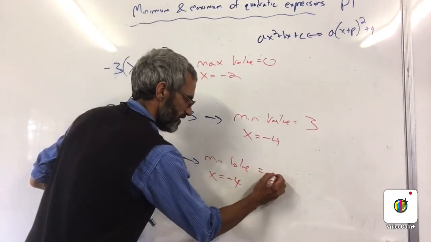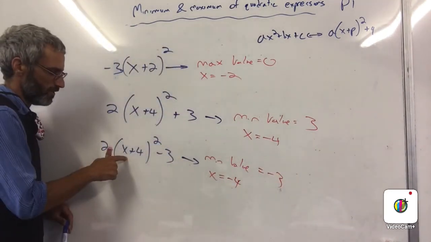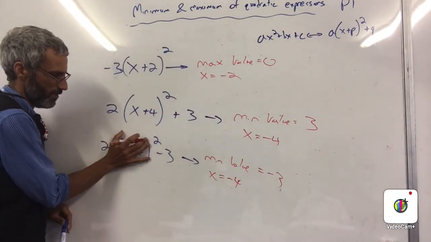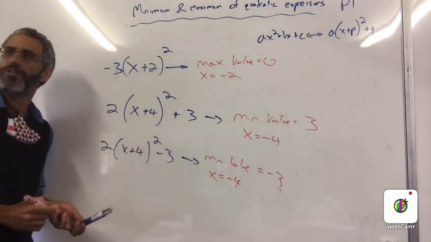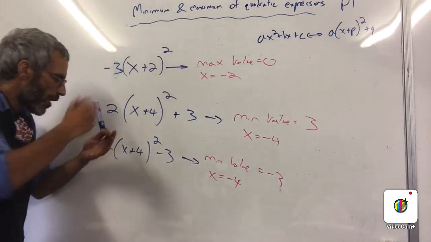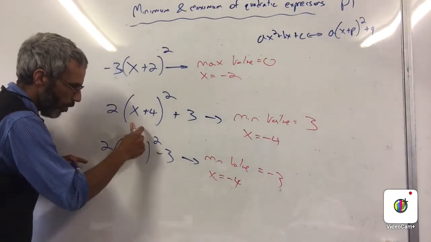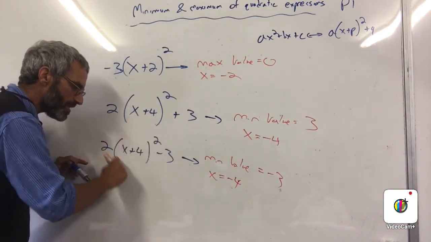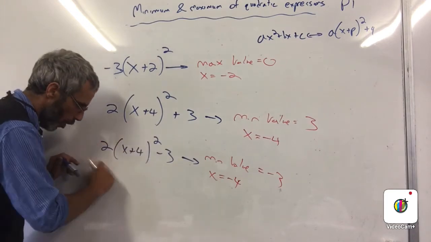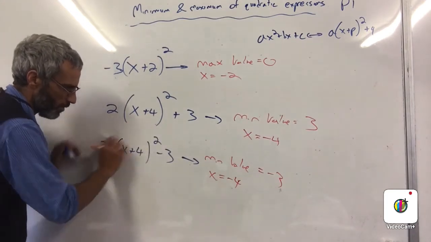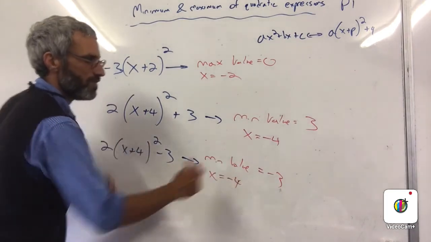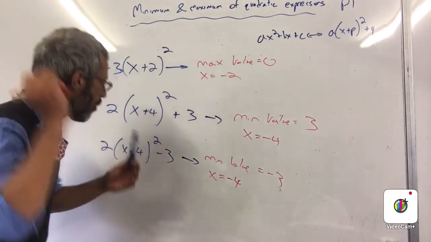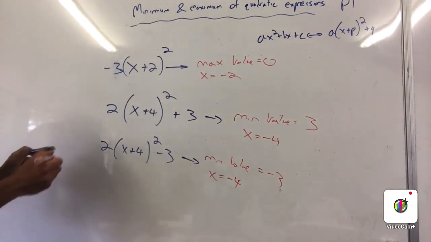Minus 3, because when x is minus 4, this is 0, and I'll end up with minus 3. Another way of thinking about it: this whole thing, the square, is always positive. The lowest it can be is 0, so 0 minus 3 is minus 3.